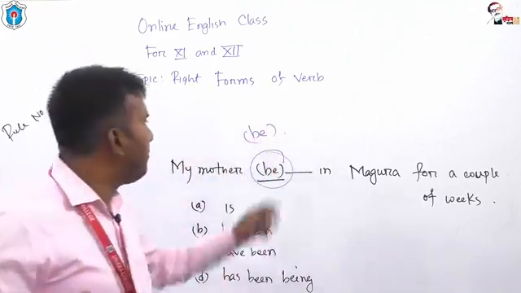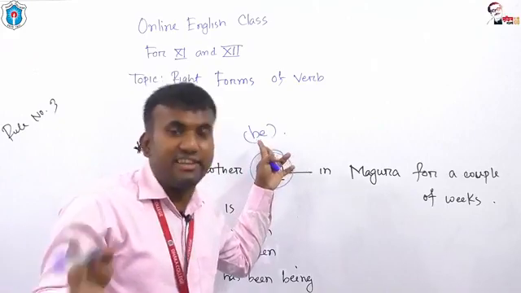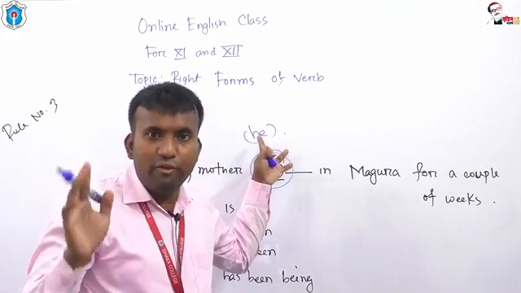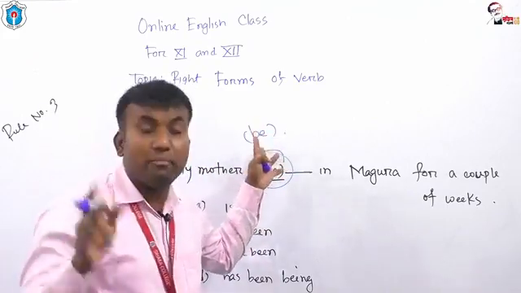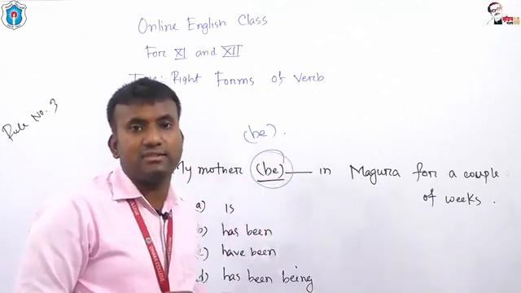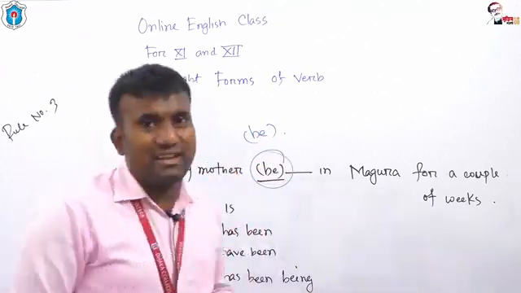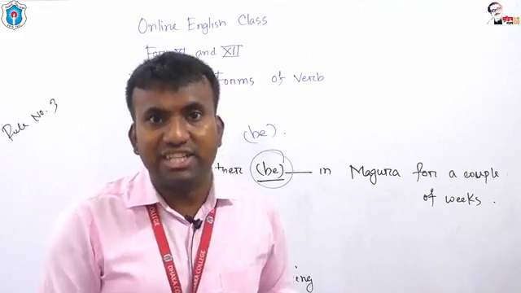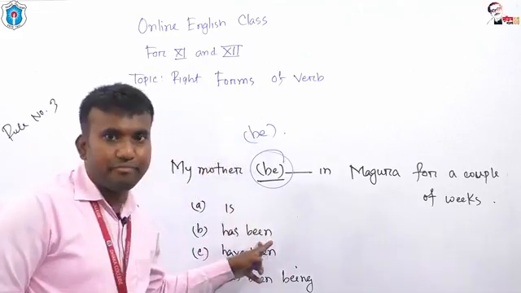If you get be verb as the main verb in a sentence, you can't take verb plus ing after been.